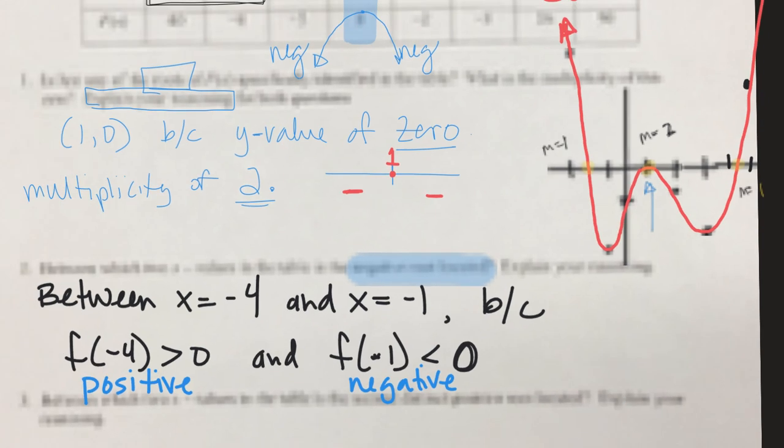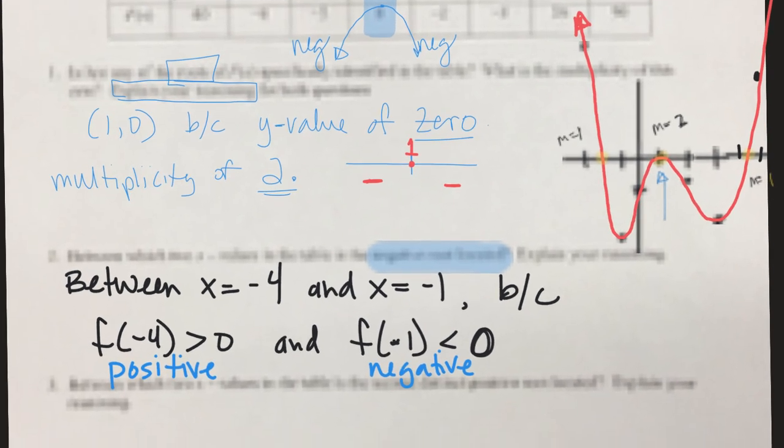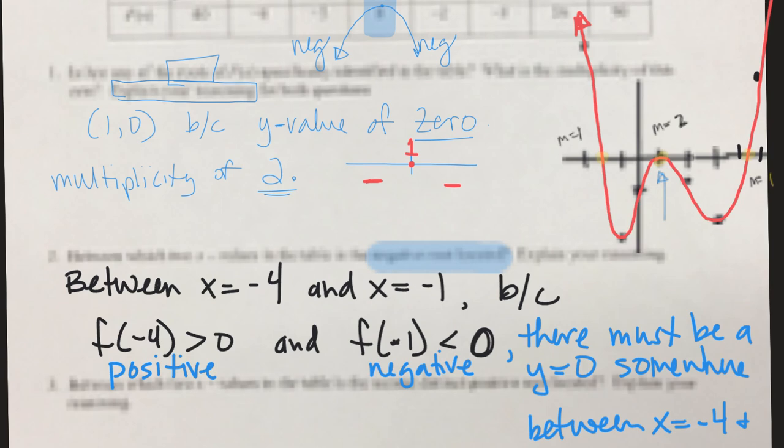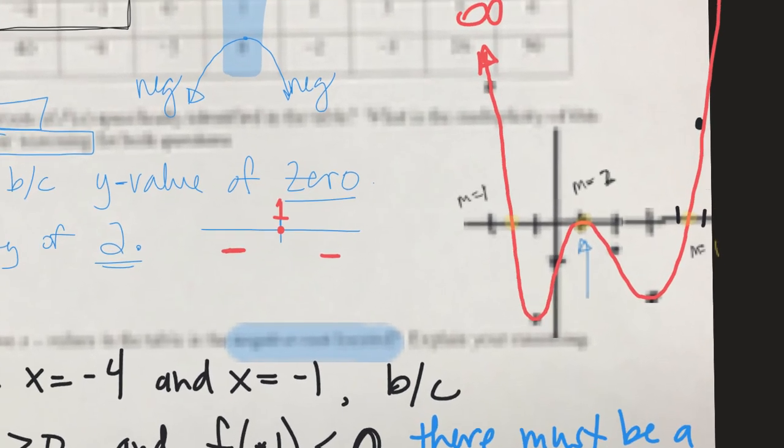The y value on the left was positive, and the y value on the right was negative. So that means there has to be a 0 in there somewhere. And we're going to use a similar line of reasoning to figure out between which two x values the second positive root is going to happen.